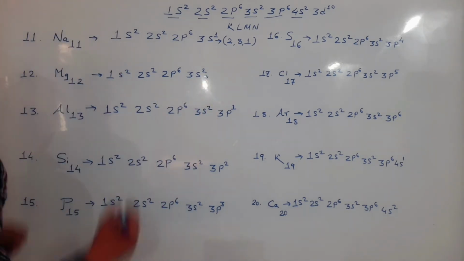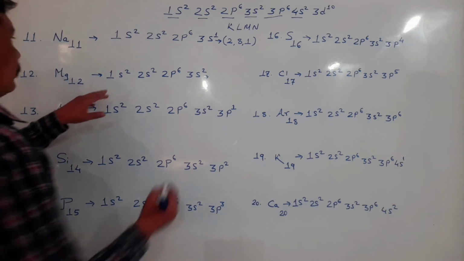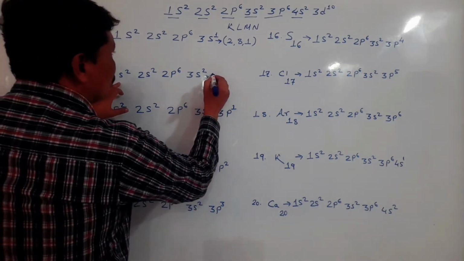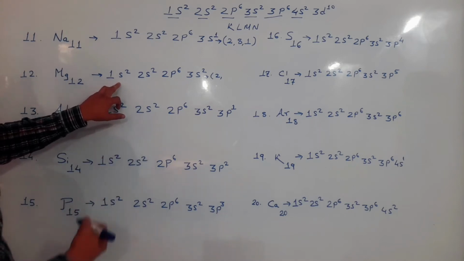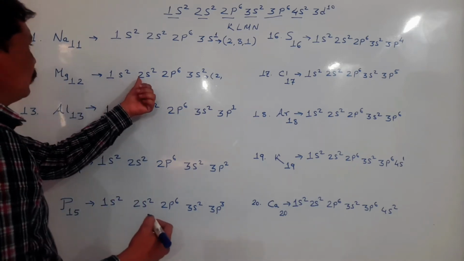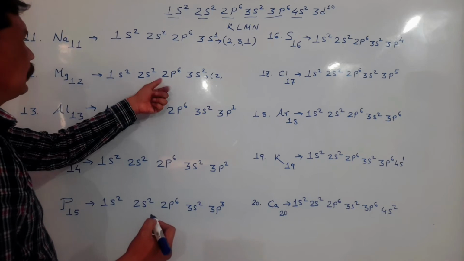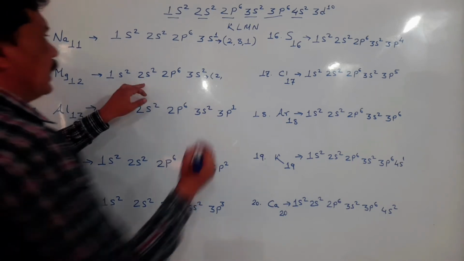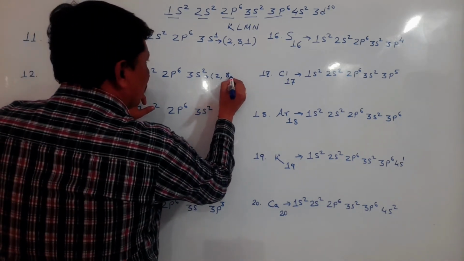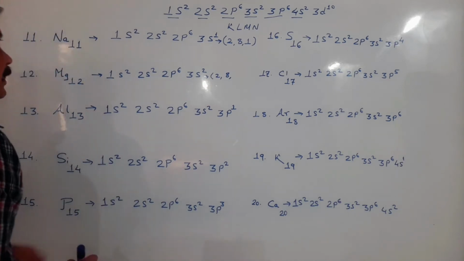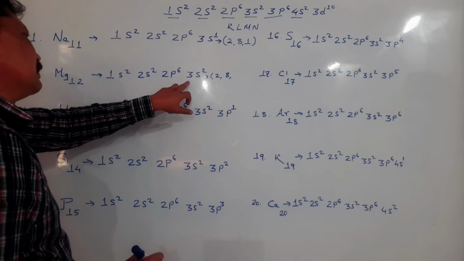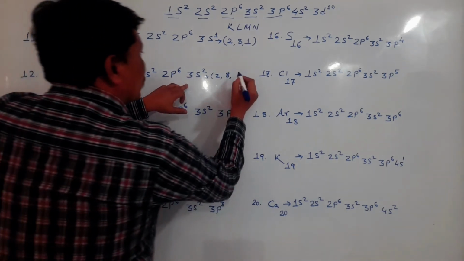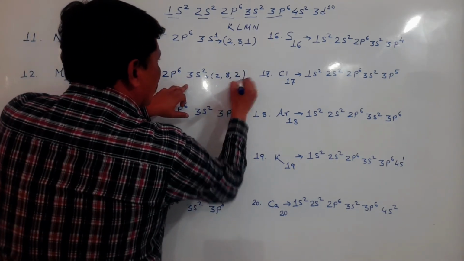A satisfactory answer. Magnesium, 1s2 in first orbit 2. Niels Bohr told that the capacity of first orbit is 2. Second, 2s and 2p, 6 plus 2, 8. It is also complete. The next orbit 3s2, so we will put here 2.